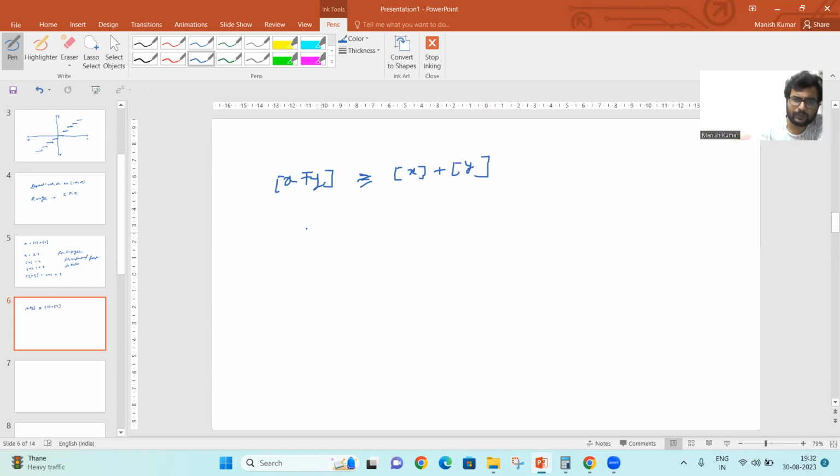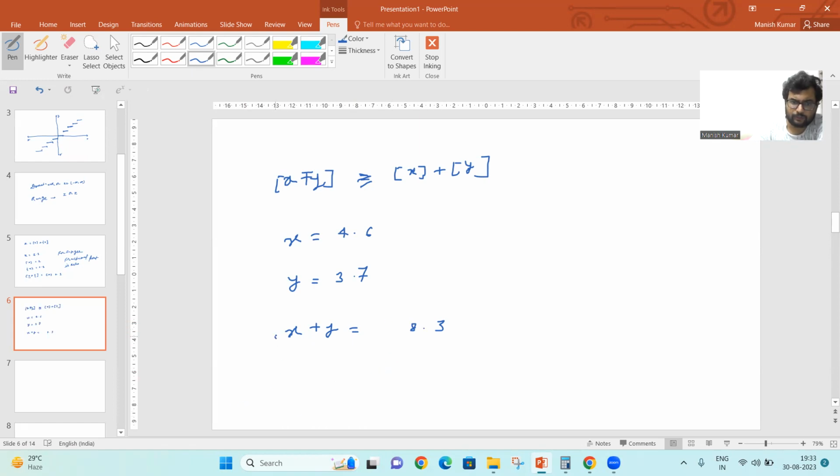Why? I'm taking example x equal to 4.6 and y equal to 3.7. Then you add it, x plus y equals 8.3.